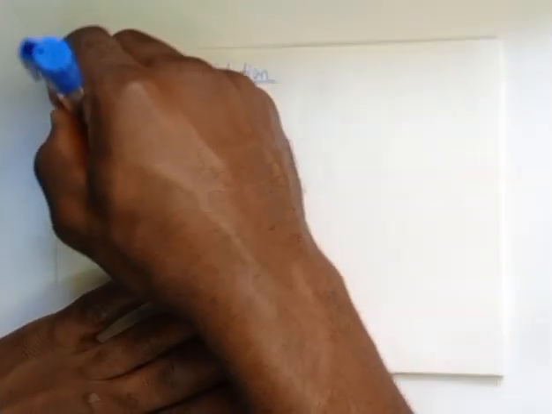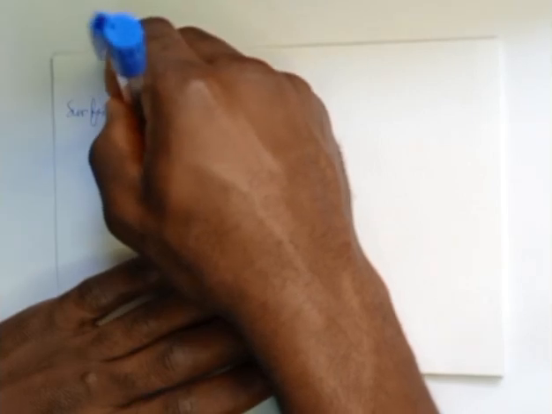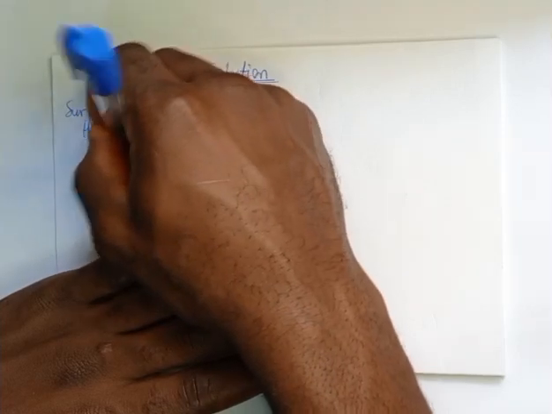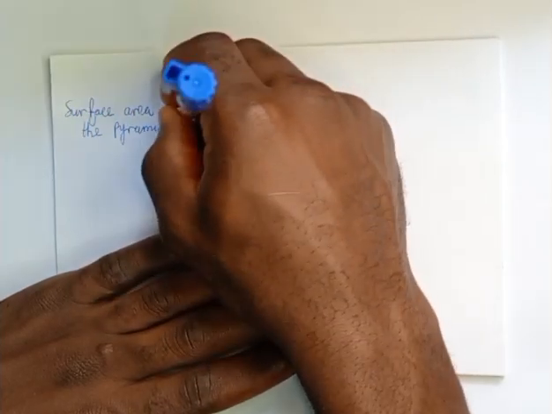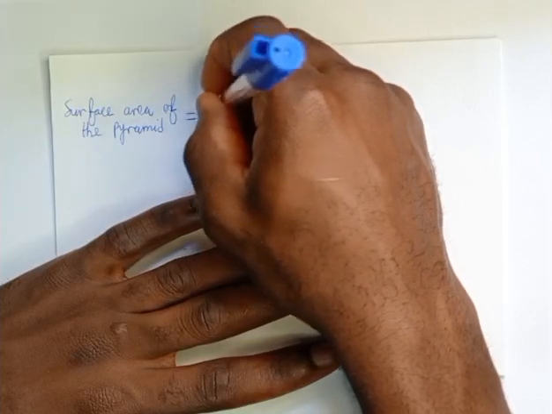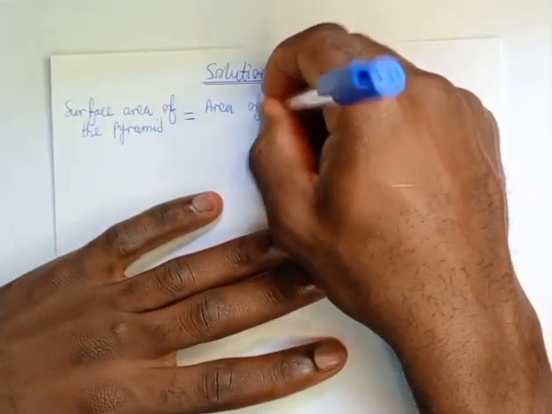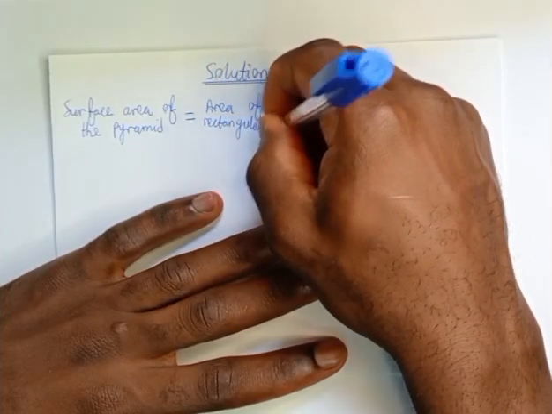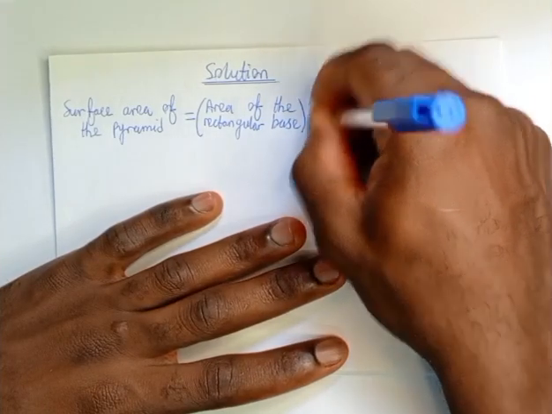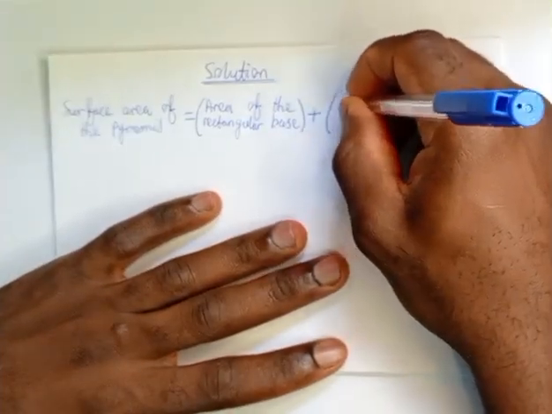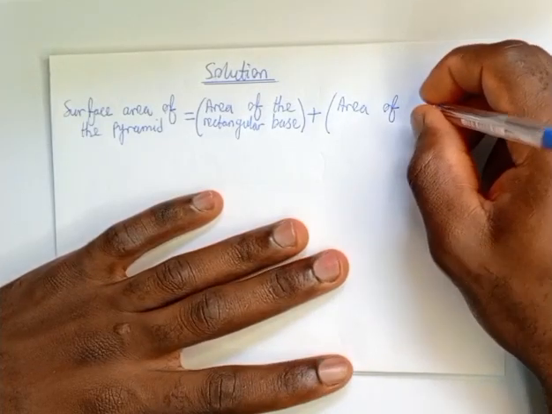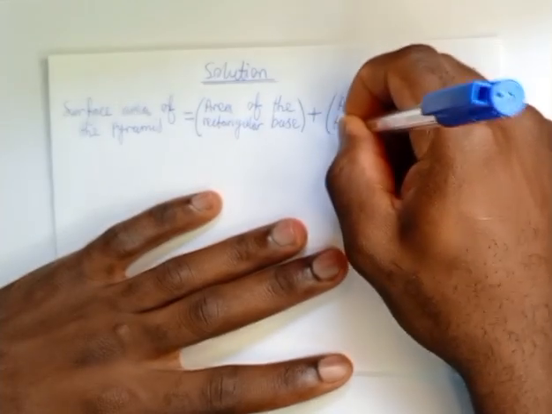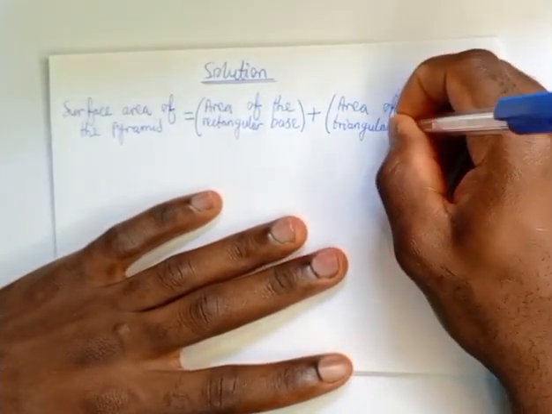The surface area of the pyramid is simply equal to the area of the rectangular base plus the area of the 4 triangular faces.